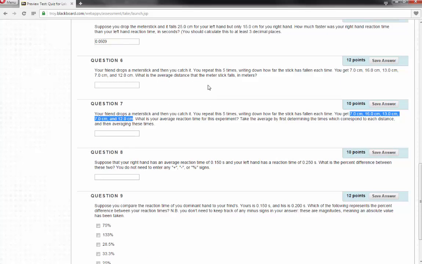So I'm going to work both of them together, because the questions are what's the average distance, and then this one says what is the average reaction time, which we should do by first determining the times which correspond to each distance. And this one says in meters, by the way. So let's pull that up. Basically what I'm going to do here is make a little table.